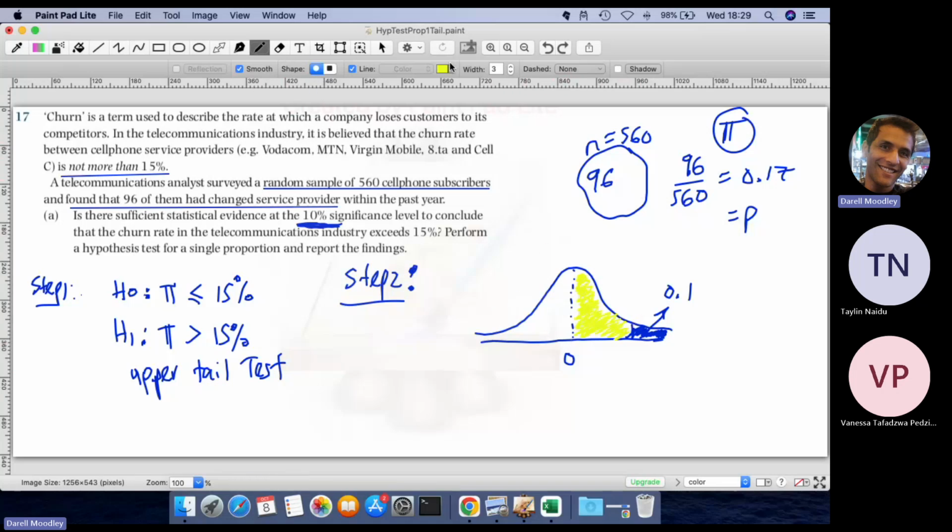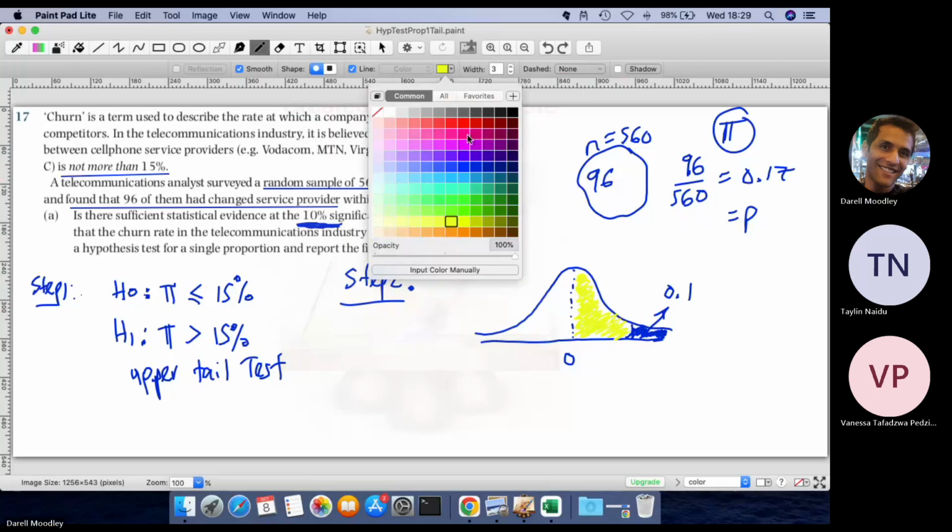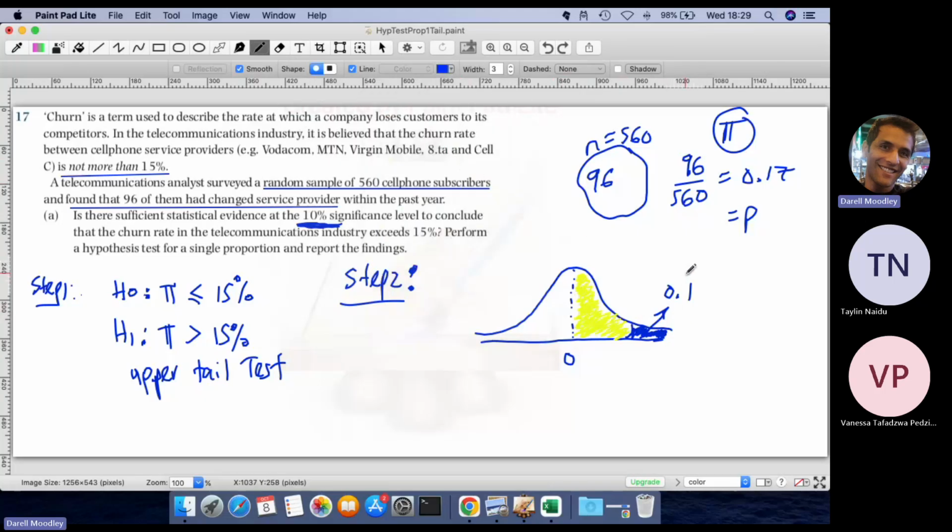Now, if I've already used a 0.1 here, and I've got 50% on the right of 0, that means this is the remaining 40%, because 40% plus 10% gives me 50%. So that's how I get my 0.4 here, because everything on the right of 0 must add up to 0.5 or 50%.